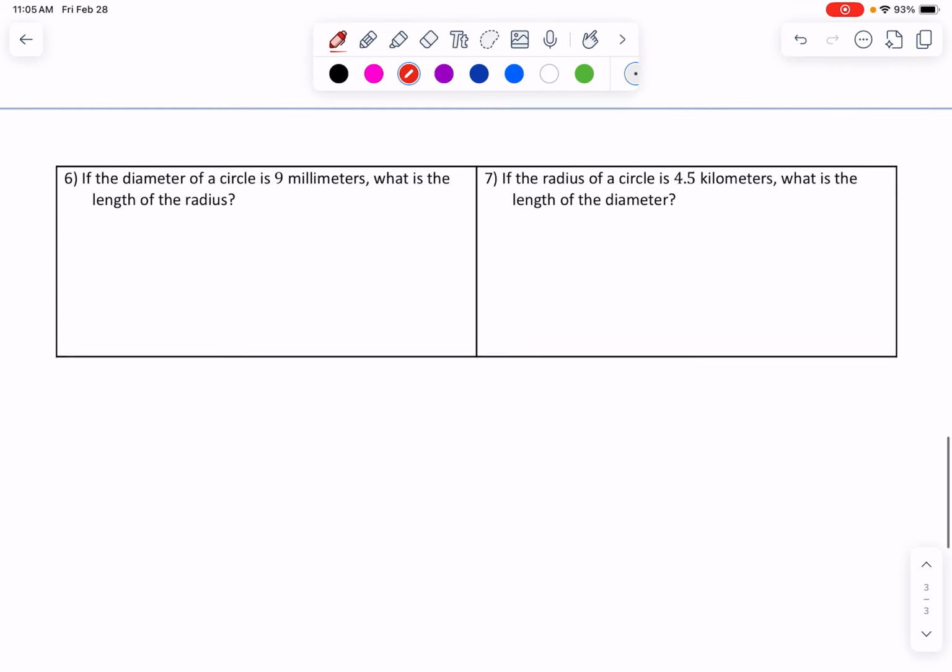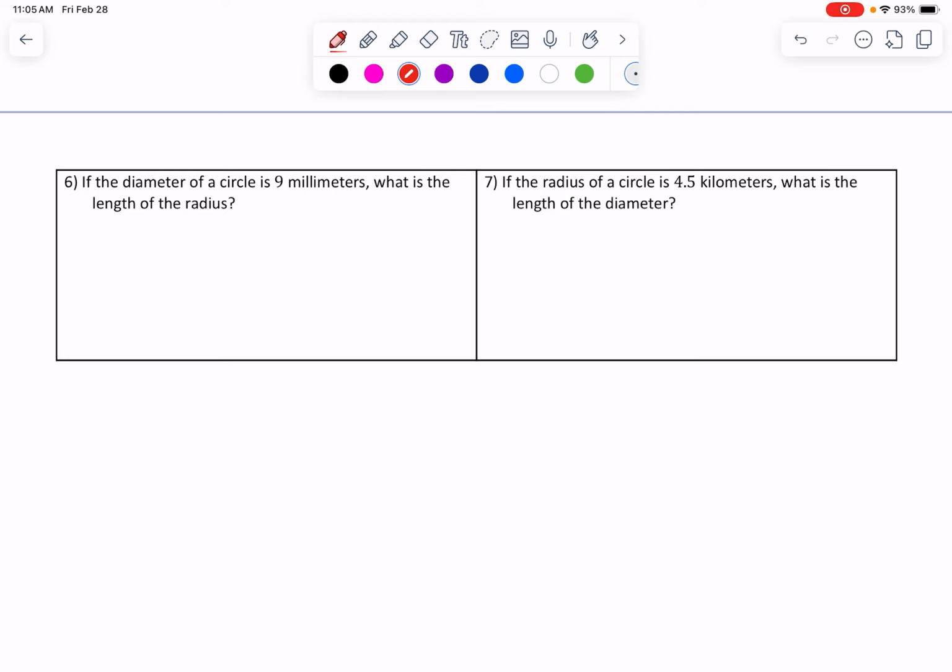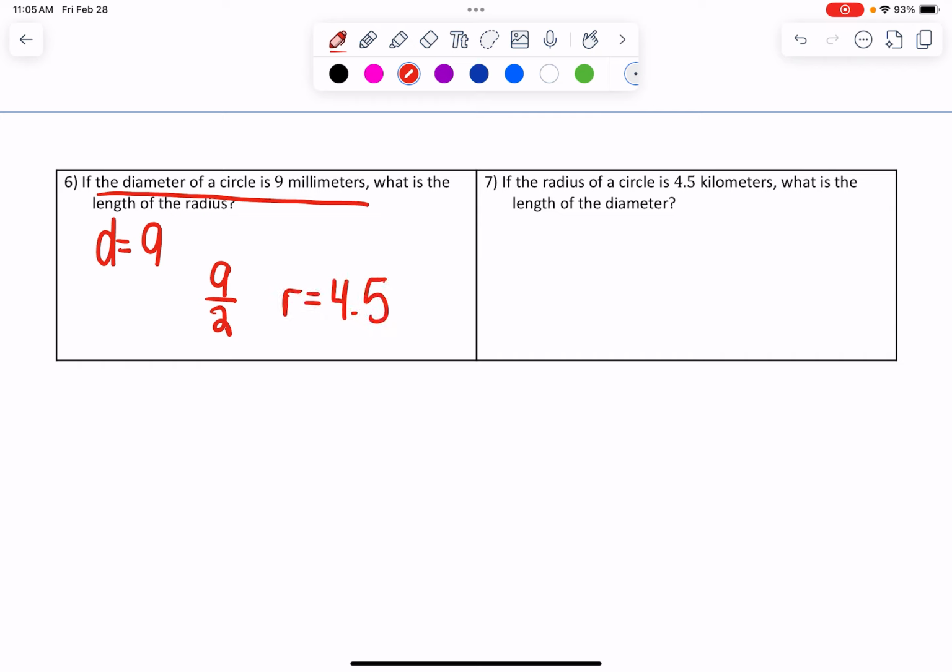Two more. If the diameter of the circle is 9 millimeters, what is the length of the radius? You have to identify this is your diameter, 9. Your radius is half of your diameter, so 9 divided by 2. Your radius would be 4.5 millimeters.